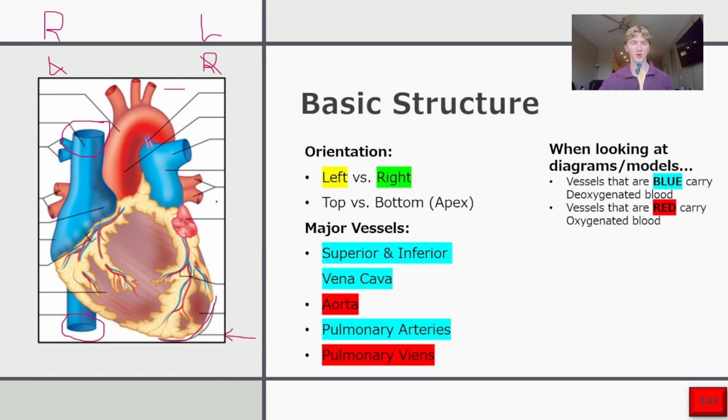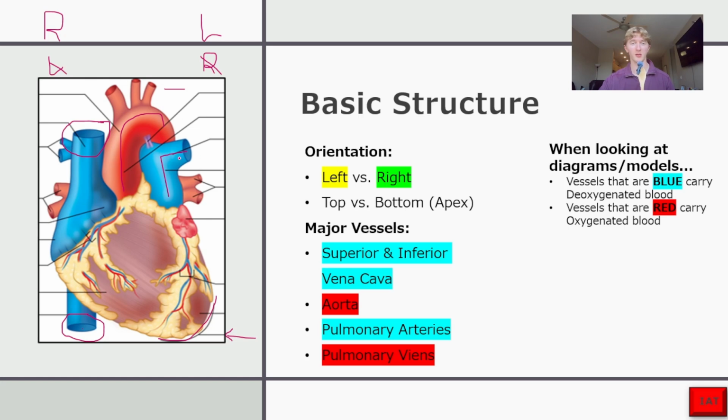Next, we have the aorta. The aorta is just going to be this large red arc that comes out of the top half of the heart and then kind of arcs down and starts to come back down behind it. We'll talk about that a little bit later, but really all you need to know is that this big red arc on the top of the heart is called the aorta. Next, the pulmonary arteries are going to be this large blue vessel first coming out of the heart, and then our arteries are going to be here.